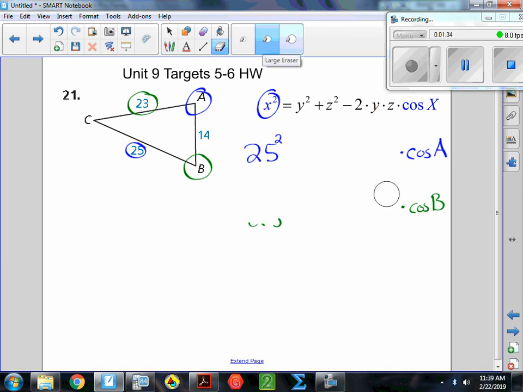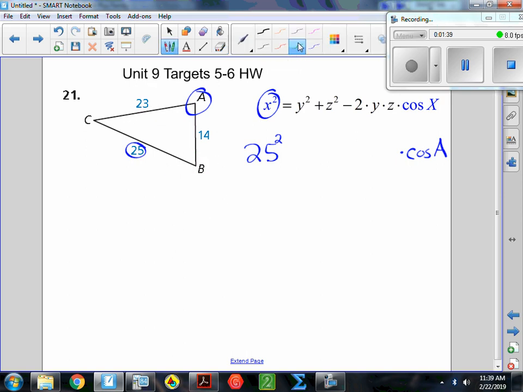The other thing you need to know about the law of cosines is that the other letters you see, y and z, simply represent the other two sides. So whichever sides you are not using. Since I started this problem with A, I'm going to use side B and side C, the 23 and the 14.